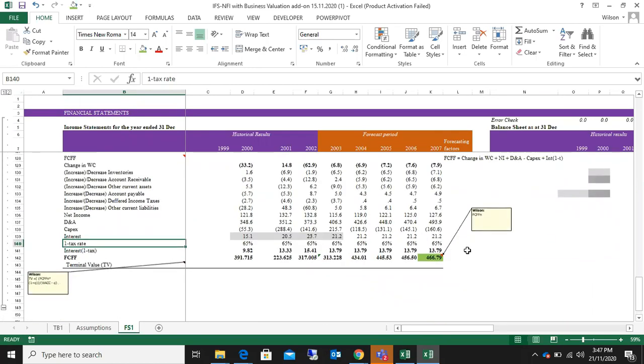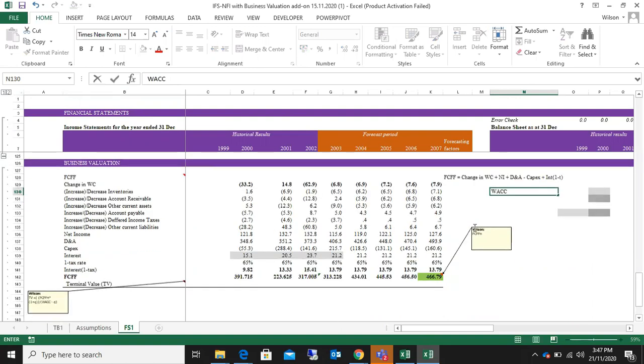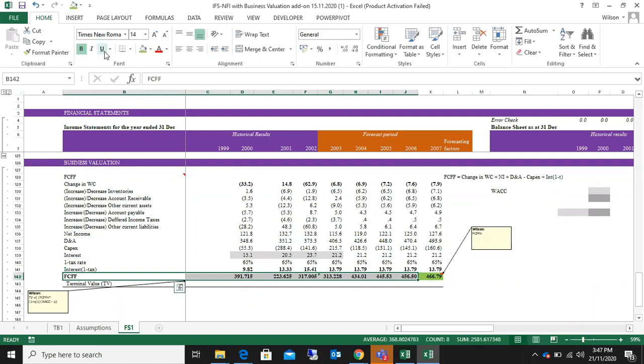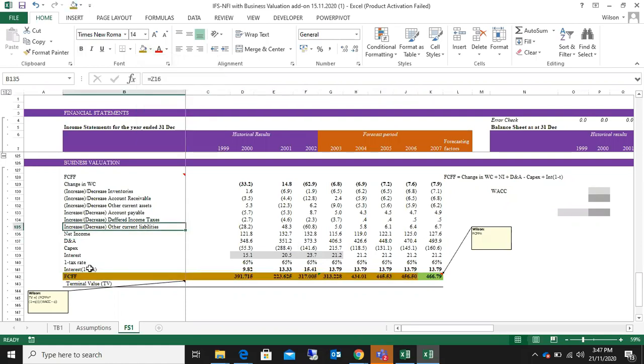Now remember that for us to be able to get the terminal value, we must calculate our weighted average cost of capital. So that's what we have to do now. With this weighted average cost of capital, you will discount the free cash flow to the present value.